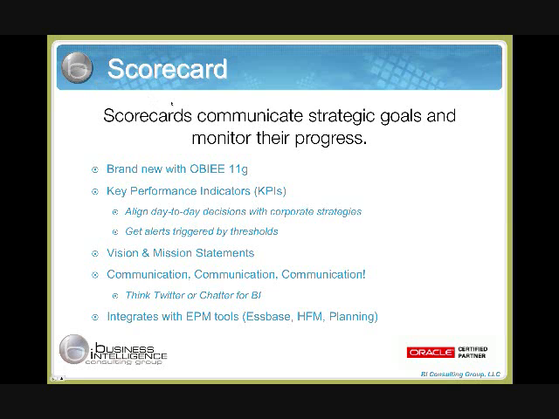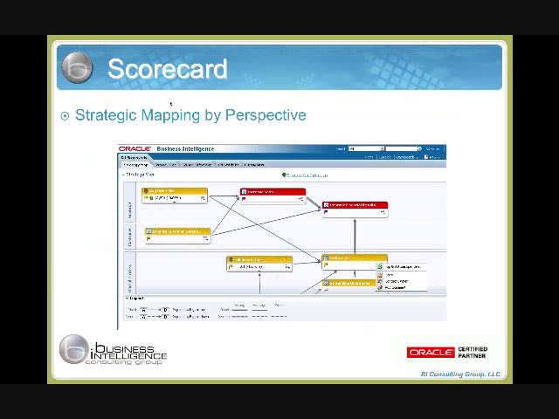And so the way we like to look at it is think, Twitter, or for those familiar with Salesforce.com, you've got Chatter, making information available to people within the organization as things change. That way everybody's informed, and then hopefully that leads towards better productivity, etc. And then, as I mentioned earlier, of course it integrates with the EPM suite.